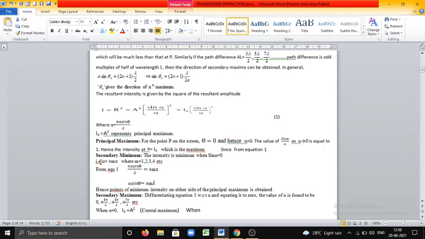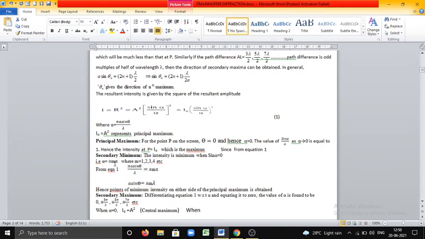Similarly, the position of secondary minima is obtained when the intensity is minimum, that is, when sin alpha is equal to 0. When sin alpha is equal to 0, alpha is equal to plus or minus m pi, where m can take the values 1, 2, 3, 4, and you should not take m as 0 because m equal to 0 corresponds to the principal maxima. From equation 1, alpha is pi a sin theta by lambda.